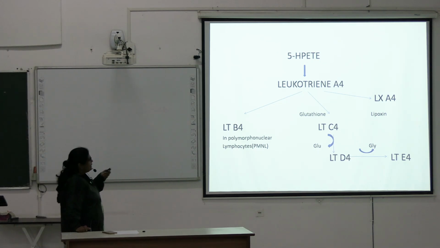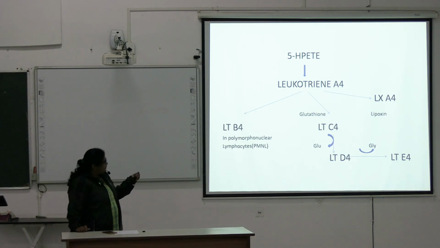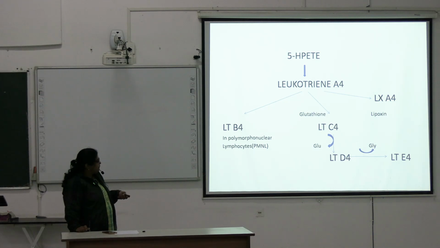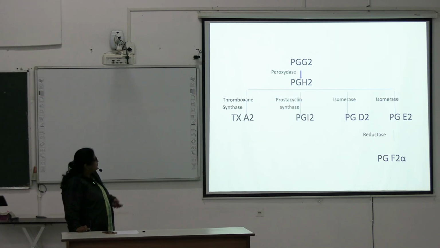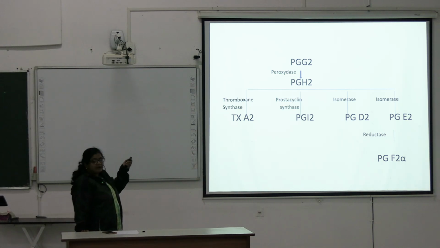Leukotriene C4, by releasing glutamate, is converted to leukotriene D4, which by removing glycine is converted to leukotriene E4. In the prostaglandin synthesis pathway, by peroxidase enzyme PGH2, thromboxane synthase forms thromboxane A2, prostacyclin synthase forms PGI2, isomerase forms PGD2, PGE2, reductase forms PGF2 alpha.